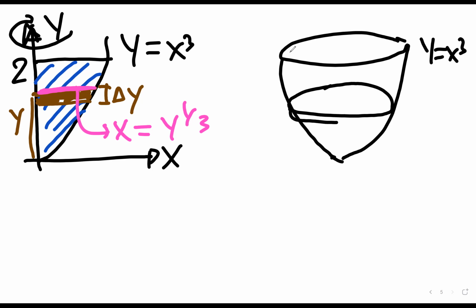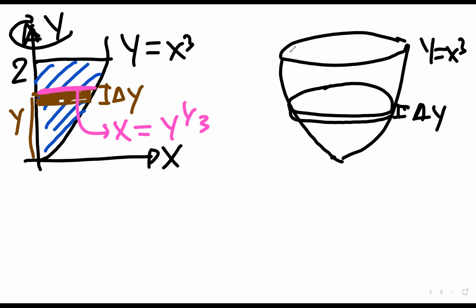Let us suppose that you have, once again, a cylinder whose thickness is delta y. To approximate the volume, we have to calculate the area of the cross section.